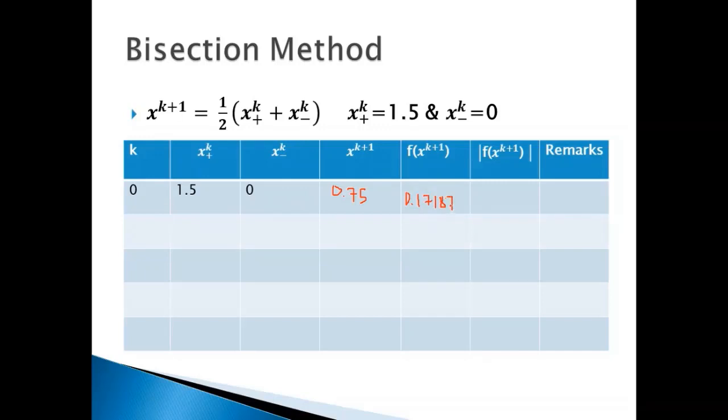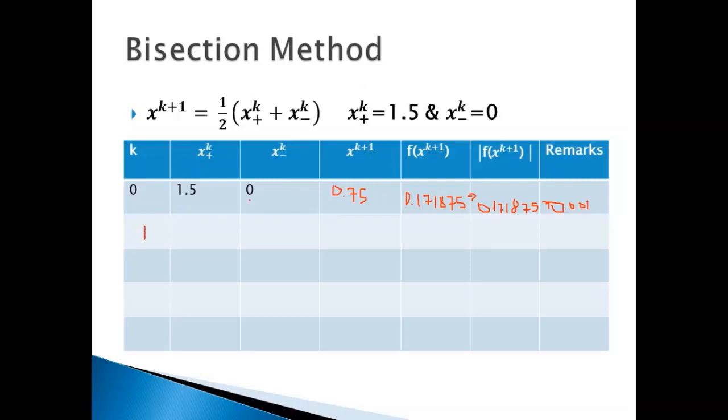Tapos, finding the absolute value. So, positive naman siya automatic. Just copy lang. So, we have 0.171875. So, the remarks, still this is greater than 0.01. So, we will proceed to the next iteration.